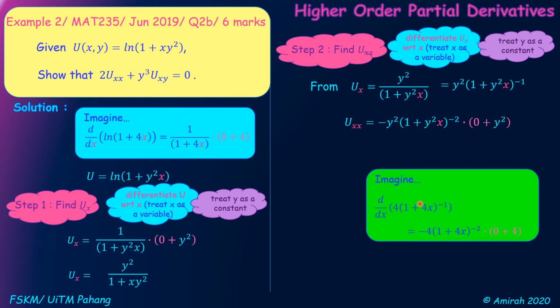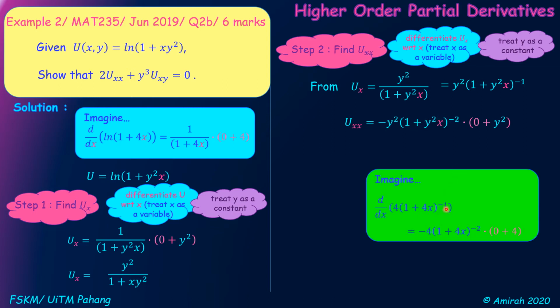That's why we get this. We just imagine. Okay. And when we have a bracket to the power of any value with a constant in front, we can use the generalized power rule. So we move the power to the front, so we get negative 4. And then we copy the function inside the bracket. That's why we get this.